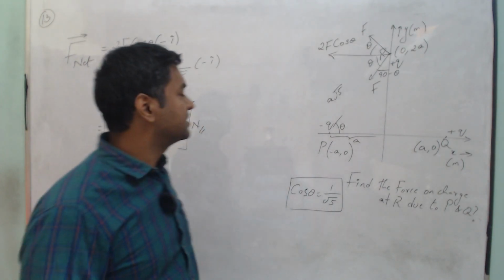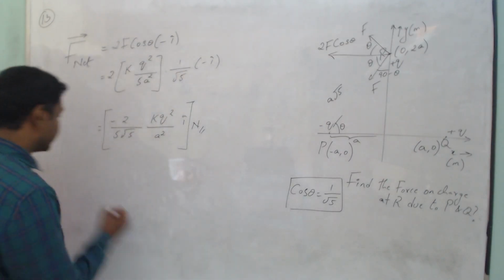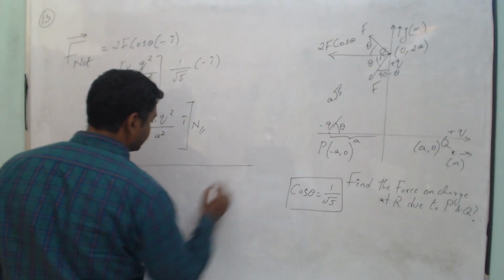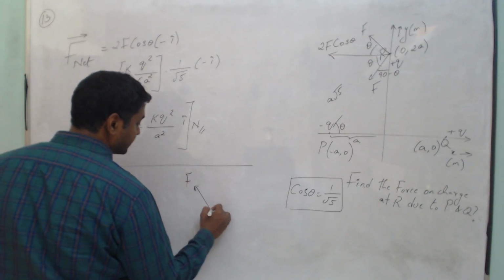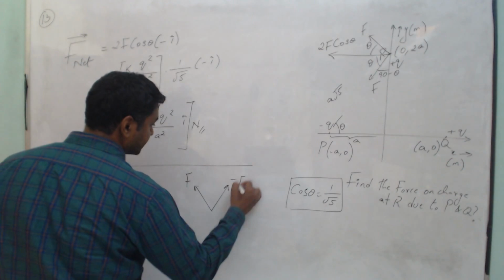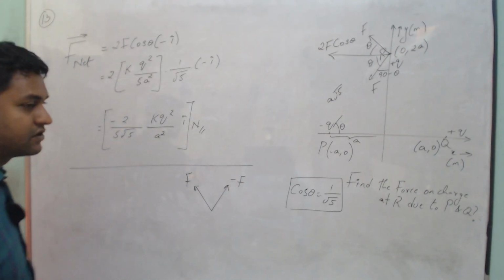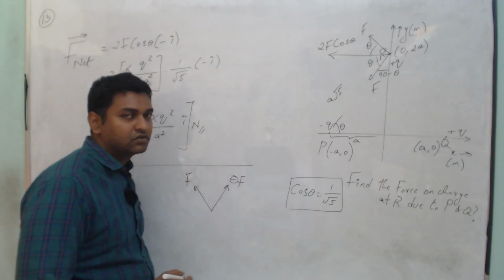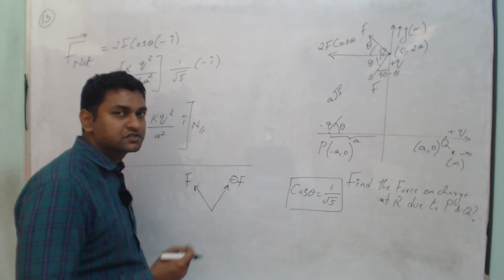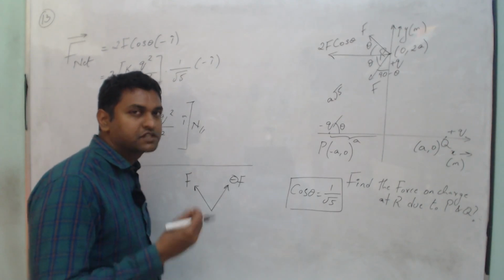So you are saying that the diagram we will get is something like this, that there is a force F in this direction and a force minus F in this direction, correct? The minus sign, first thing, always comes with our direction.